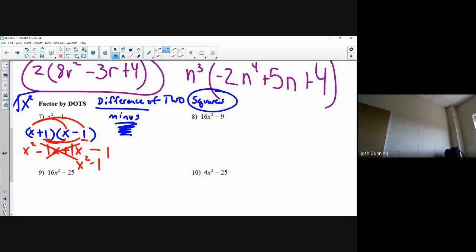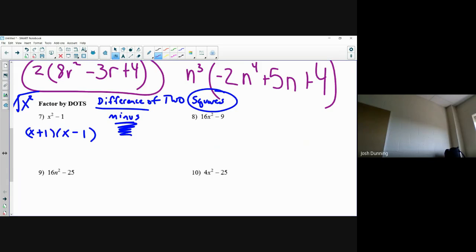Now again, what's in red there is a check. You see, it's the original question. Do not write that down as an answer. That's the answer right there. And you don't have to check it, really.